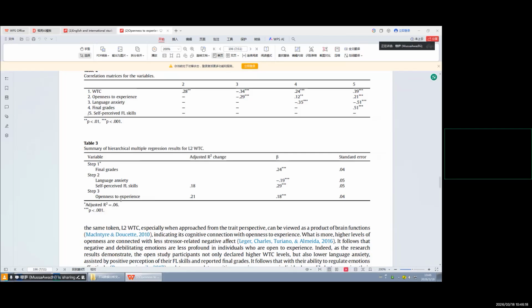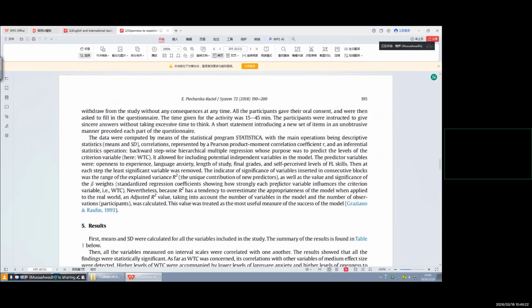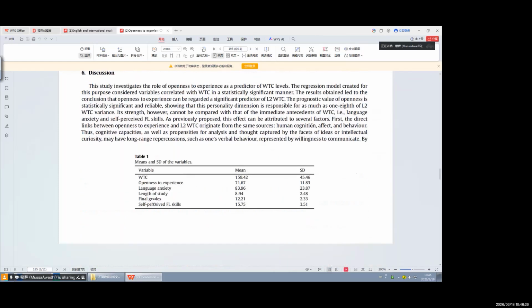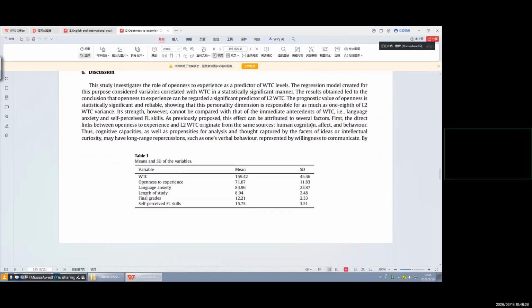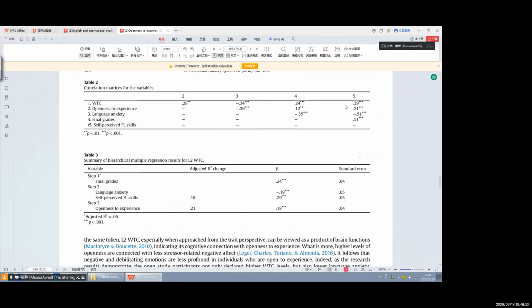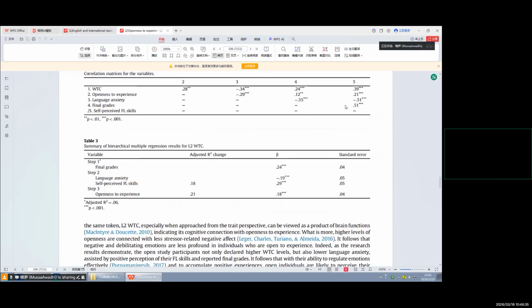How about this one? Negative. Okay, how about this one? Try to interpret. Negative 0.19.